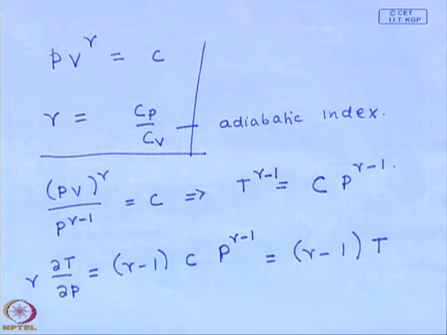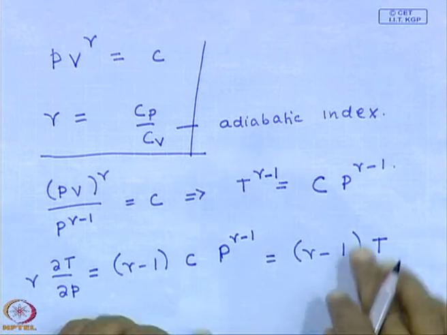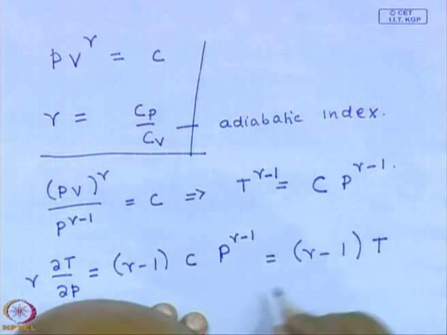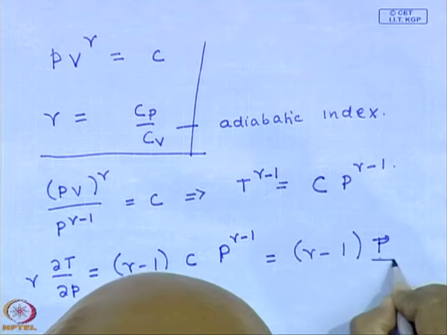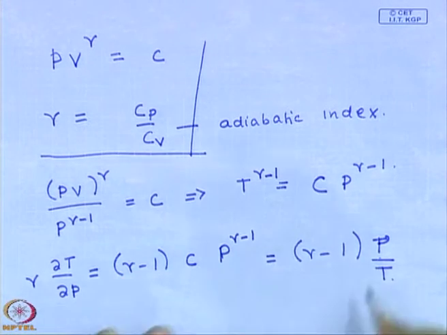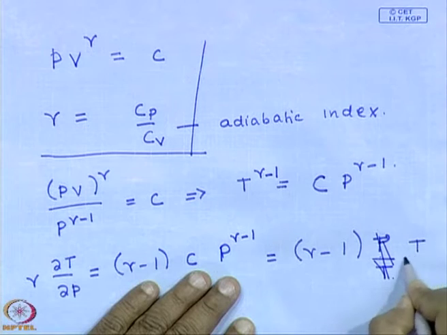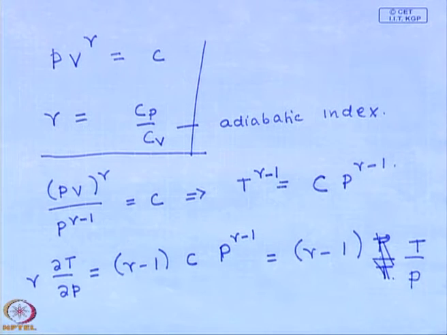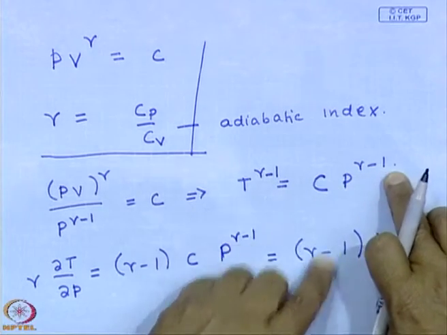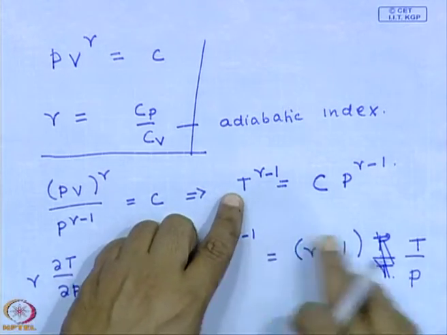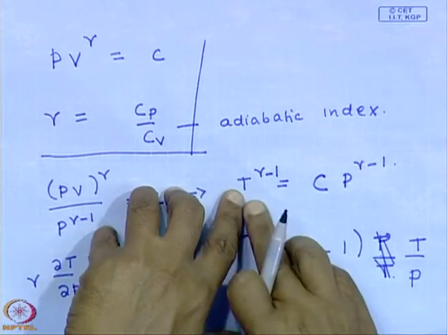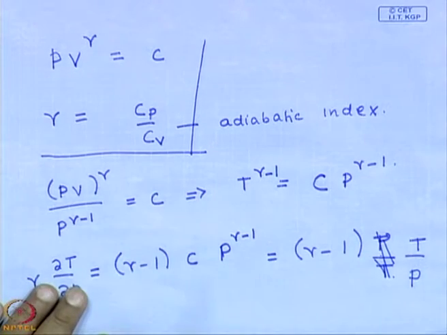There should be a T to the power gamma minus 1 here. So, this whole thing can be written as T by P. Right. So, P to the power gamma minus 1 we can write as P, so we can just eliminate this from here and you will get T by P.